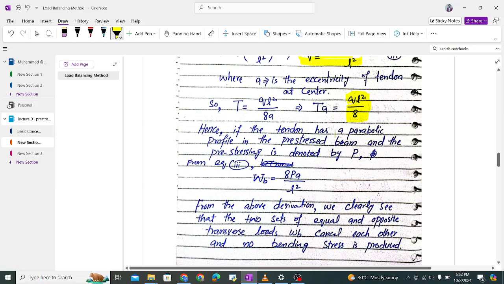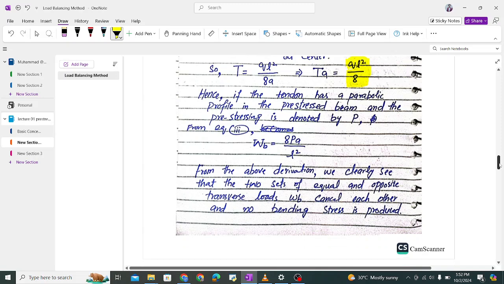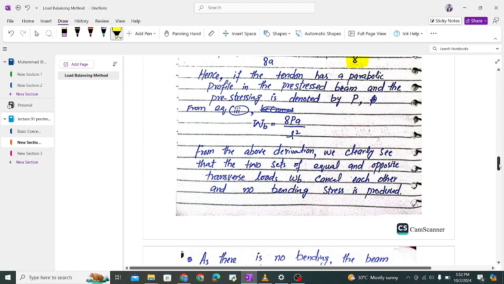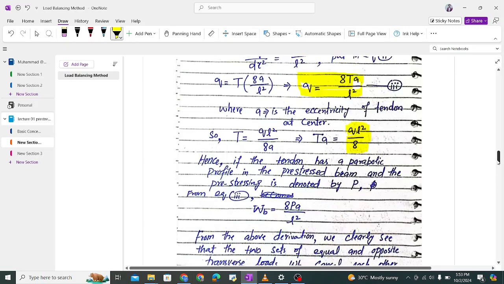Hence, if the tendon has a parabolic profile in the prestressed beam, the prestressing force is denoted by P, and it is resisting the external gravity load. From the above derivation, we clearly see that the two sets of equal and opposite transverse loads wb cancel each other and no bending stress is produced.